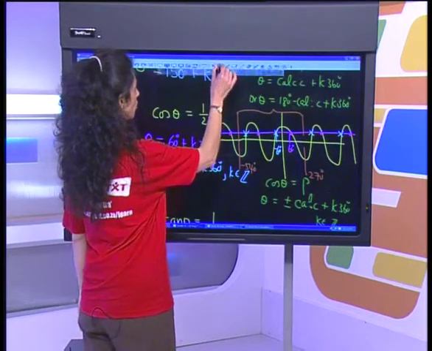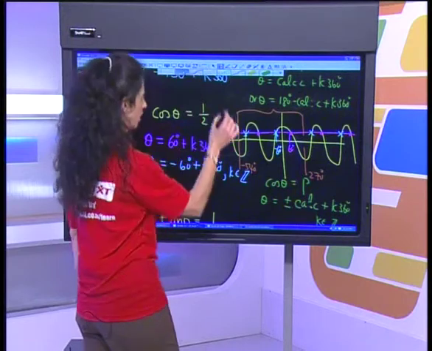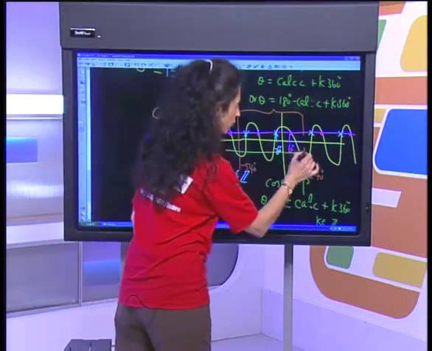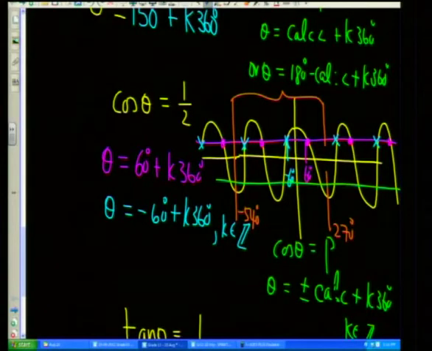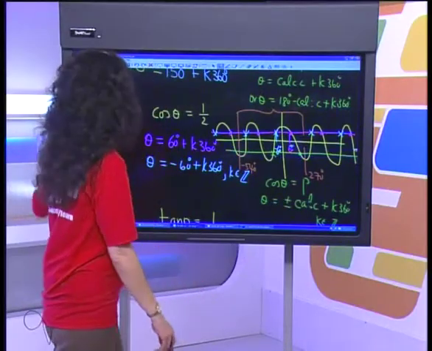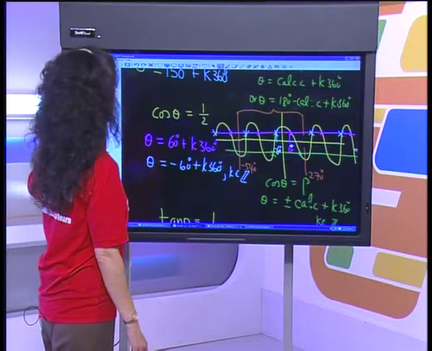Now if I took a negative a half, what would the calculator give me first? It's going to give me this obtuse angle, off past 90 degrees. But the other one is this value over here, still symmetric to that obtuse angle. So you need to preempt what the calculator should be giving me. Am I happy with that kind of value? Does it make sense?